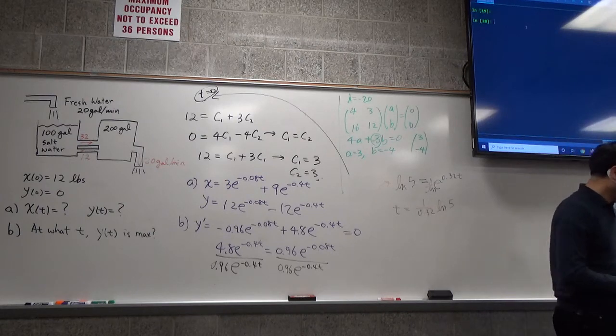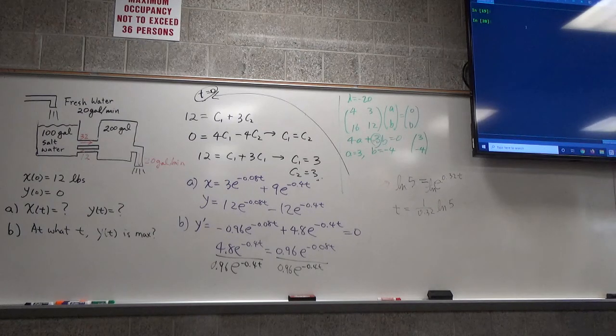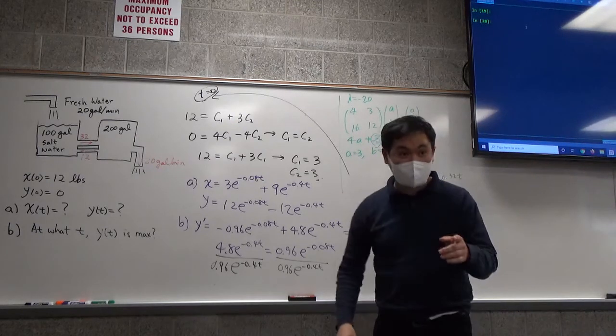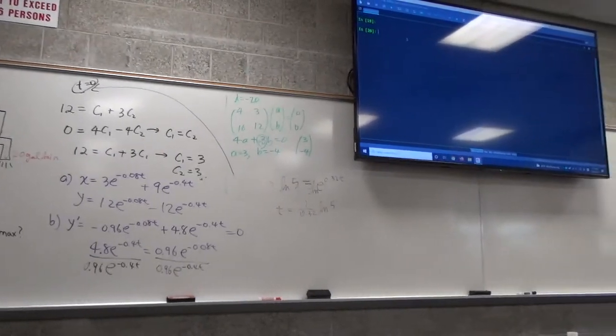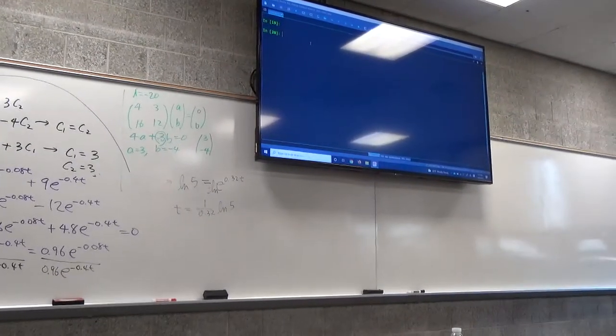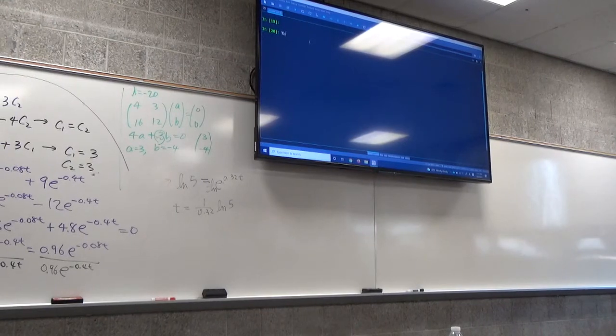Okay, so I want to show you how to picture this using Python. So this is Python, and with Python Spyder, you have this nice thing called PyLab. And with PyLab, you can draw graphs just like the following.